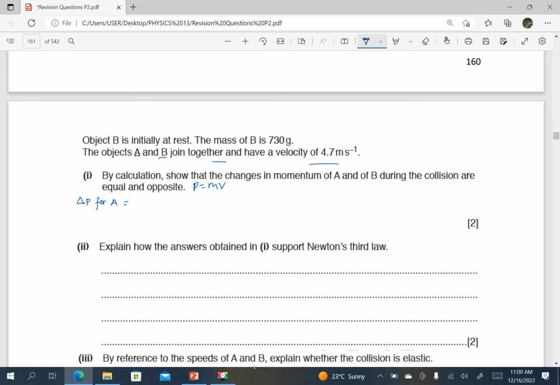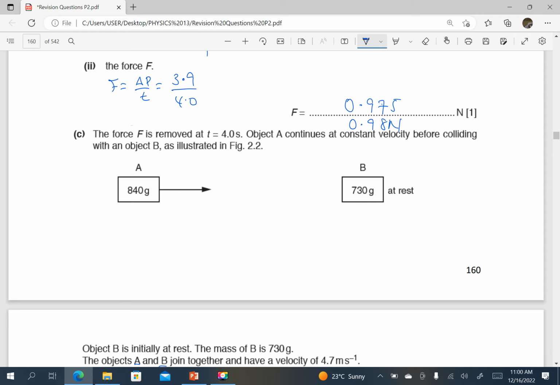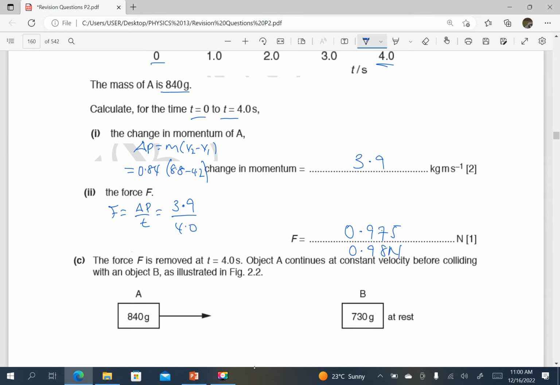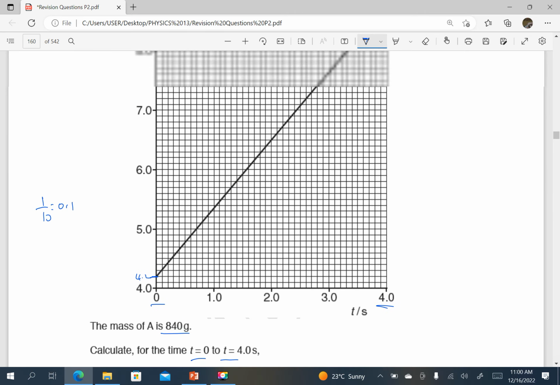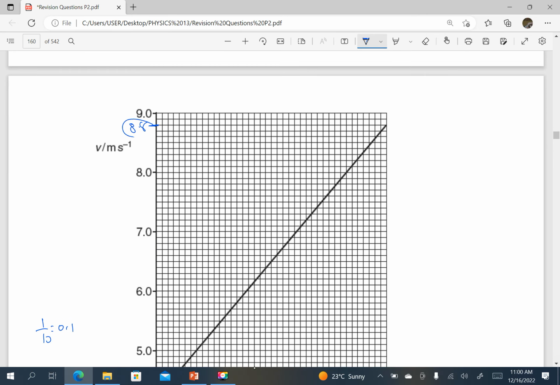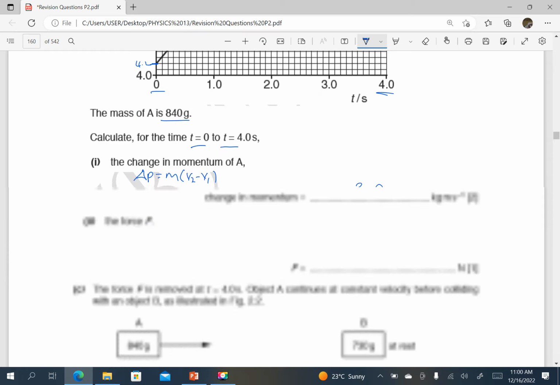And because they move together with a common velocity, 4.7, that is the final velocity. But its initial velocity is, because it continues at a constant velocity before it collides, that is after 4 seconds, the velocity is 8.8. So it continues with 8.8 before it collides.